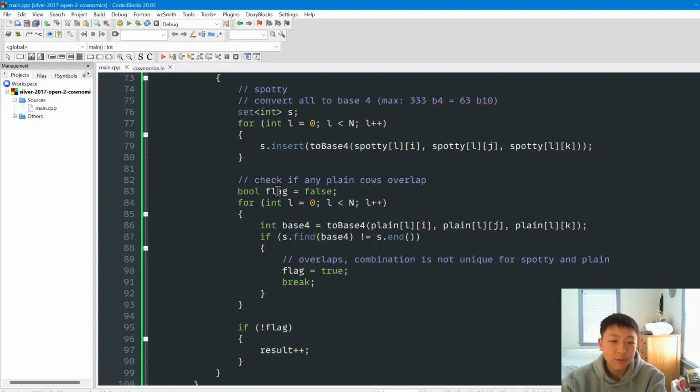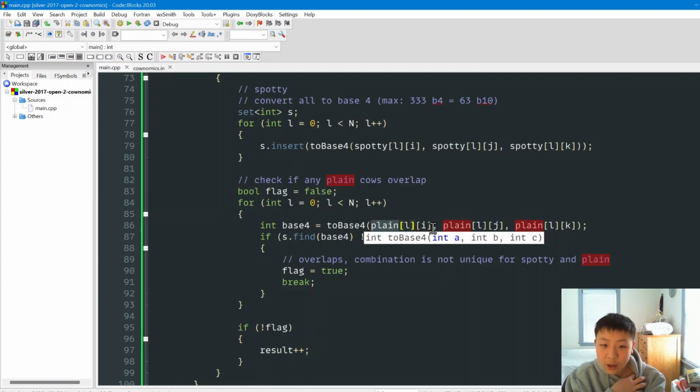So we're going to first set our flag to false. Flag is just going to be the result of whether it's overlapping or not. And in the loop, we're just going to convert it to base 4, similarly to how we did it over here, but we're going to change it to plain cows now. And we're going to try to find if that number is in the set already. If it's not, then we keep going.